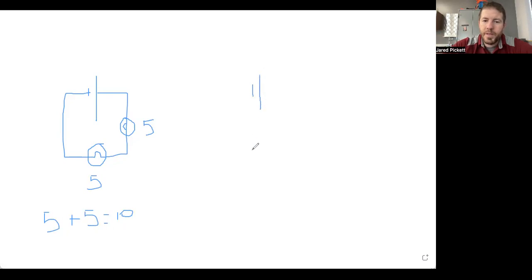Now, if we draw our system in parallel, then we get some changes. Again, I'm not drawing this perfectly. And then if I draw a circle, draw another circle.